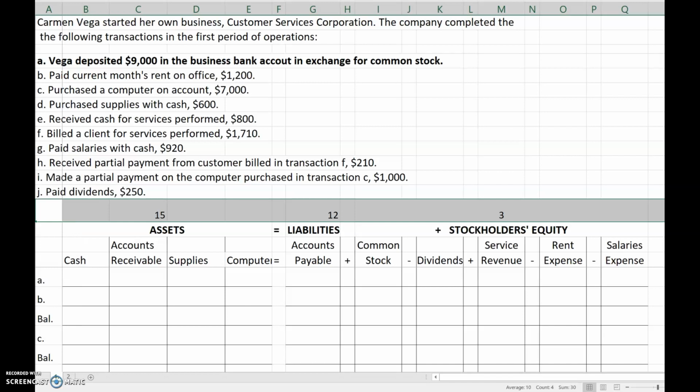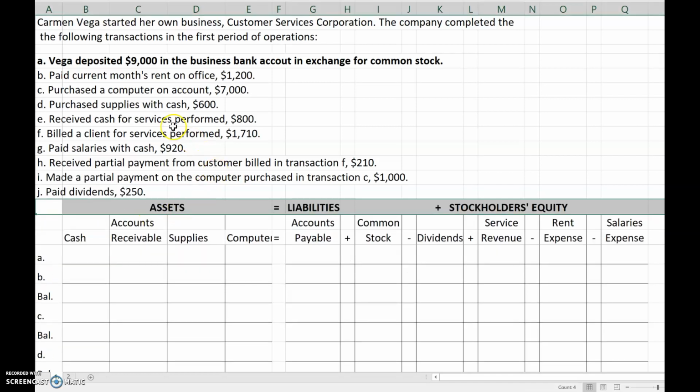So let's take a look at specific transactions and show how they fit into the accounting equation, how the accounting equation changes. So our first transaction here, Vega deposited $9,000 in the business bank account because Carmen Vega is starting the business, Customer Service Corporation.